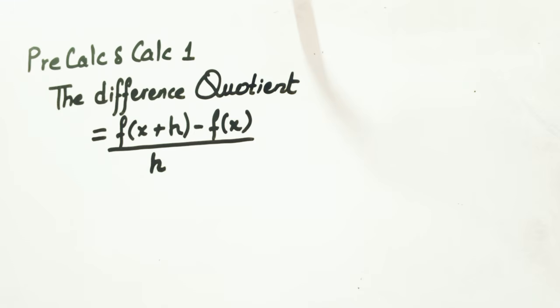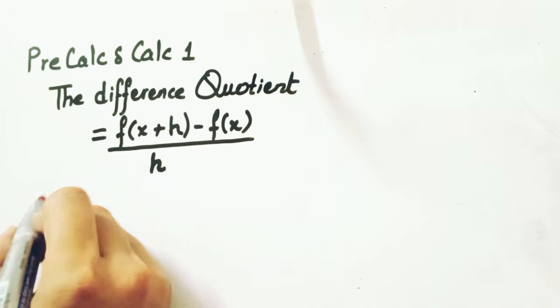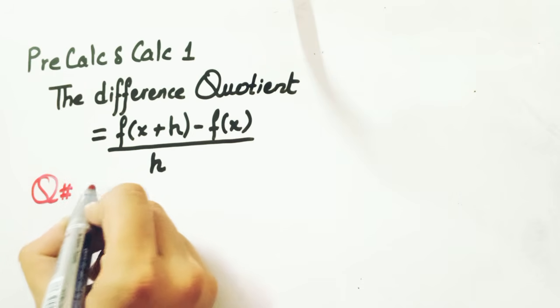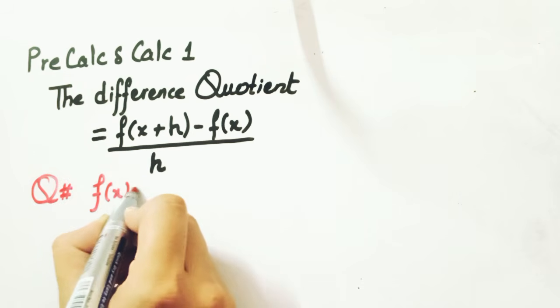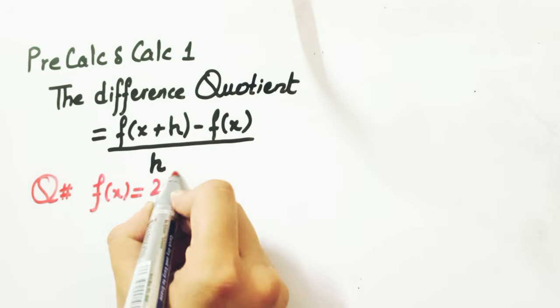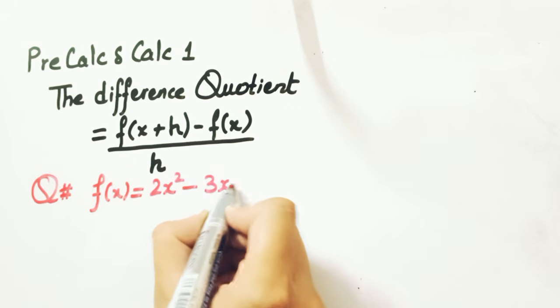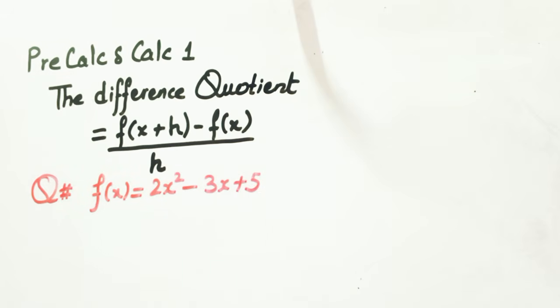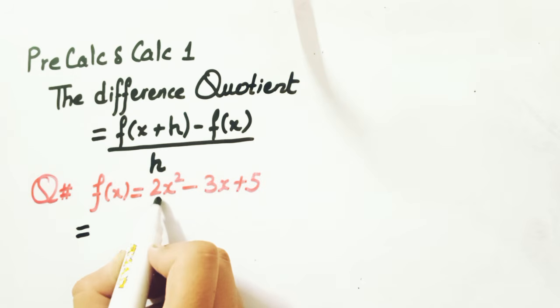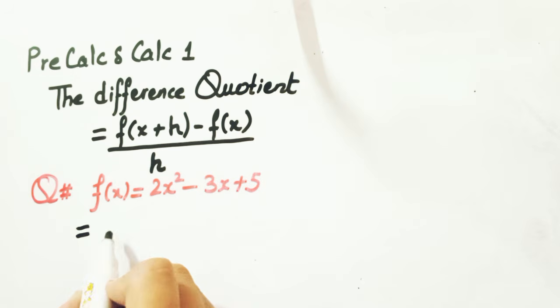So you have a function like f of x equals 2 of x square minus 3 of x plus 5. Now we will apply the quotient rule here. So what will we get? f of x plus h means in the function we will substitute x plus h.